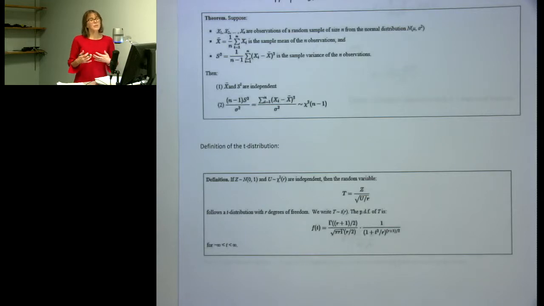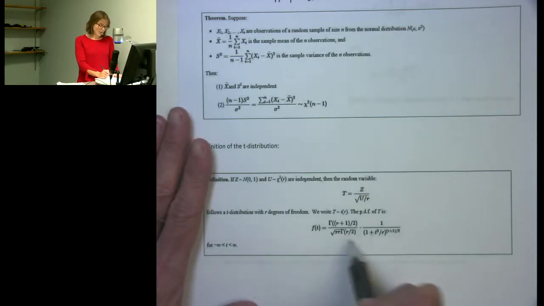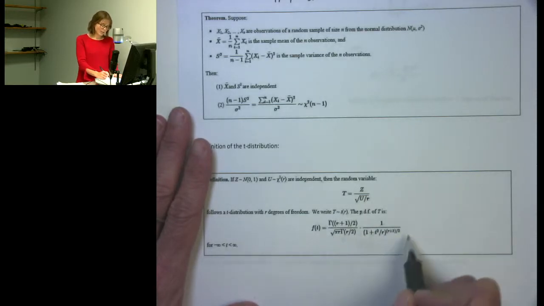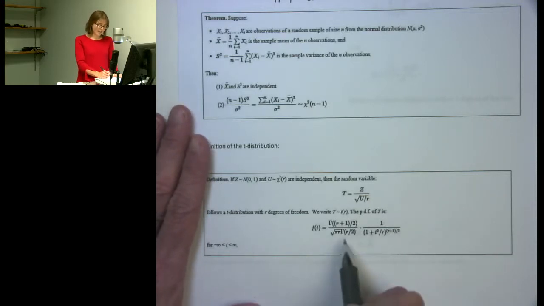So this isn't something we're proving, it's something we're defining. And it can be shown, although we're not going to do so, that the PDF of this t distribution has this form.